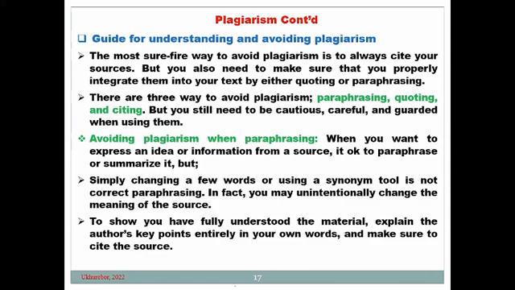Paraphrasing is the best way I use to avoid plagiarism. Let me not lie, I'm good at paraphrasing. I read whatever you have done and try to use my own language to put it together. When you want to express an idea or information from a source, it is okay to paraphrase or summarize. It is very okay. That's the best way to reduce plagiarism.